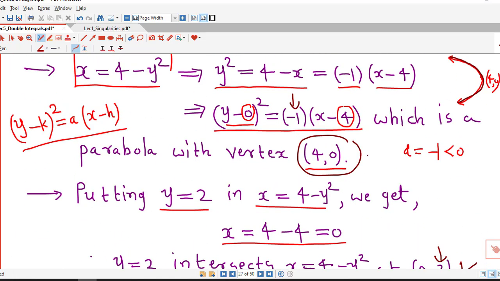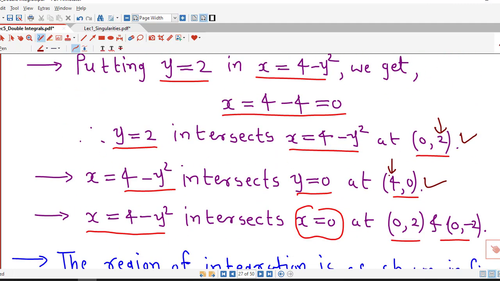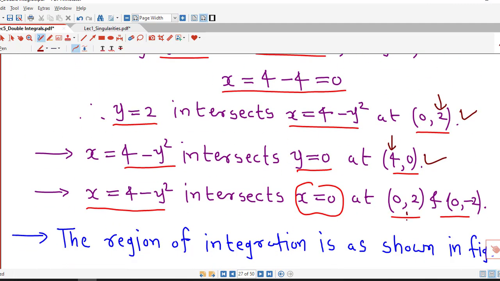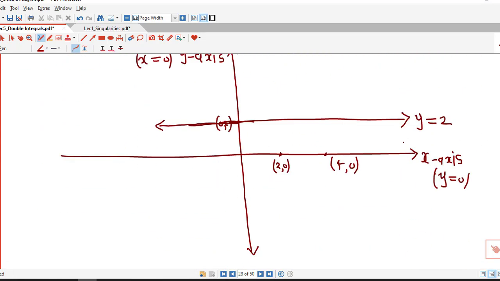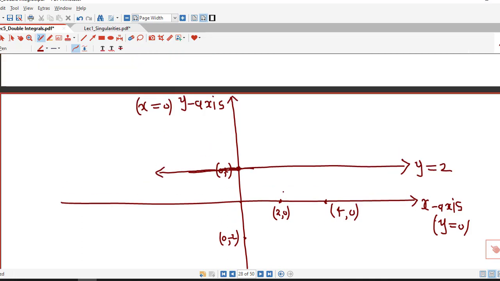So parabola is passing through vertex (4, 0) and points (0, 2) and (0, minus 2). And it is intersecting this line at (0, 2). It is passing through (4, 0) and here also it will pass through this point which is (0, minus 2). So it will intersect x-axis at (4, 0), this y equal to 2 at (0, 2) and (0, minus 2).